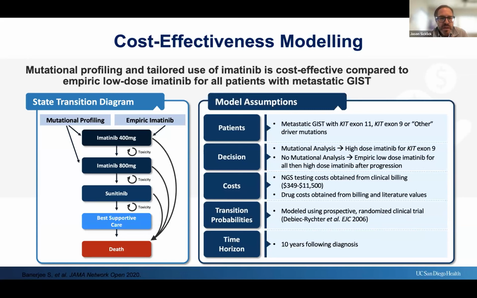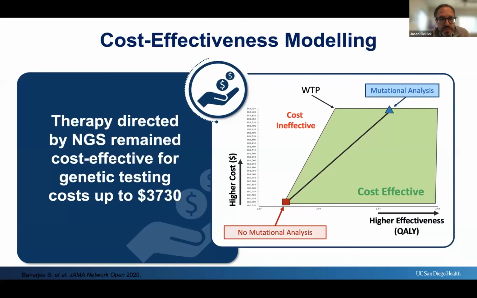Presuming that everybody would get 400 milligrams of imatinib just as a blanket of they've got GIST, versus should we tailor their therapy based upon genetic testing, where patients with exon 11 mutations would get 400 milligrams, patients with exon 9 mutations would get 800 milligrams, or if they had neither of those, they would get no treatment.